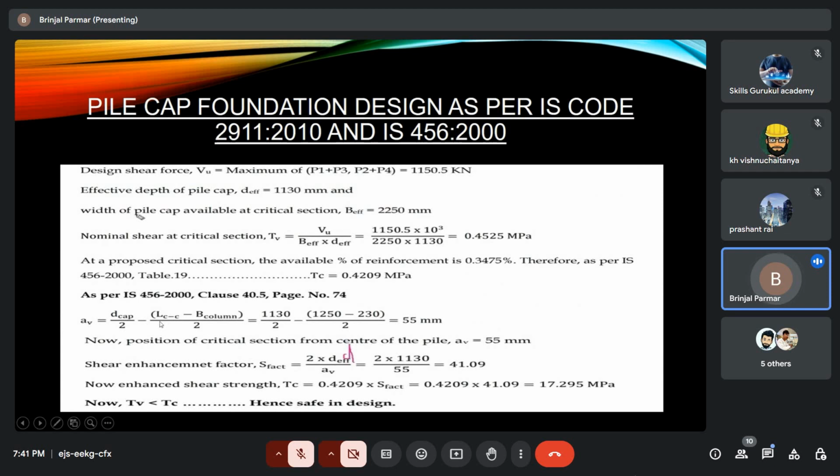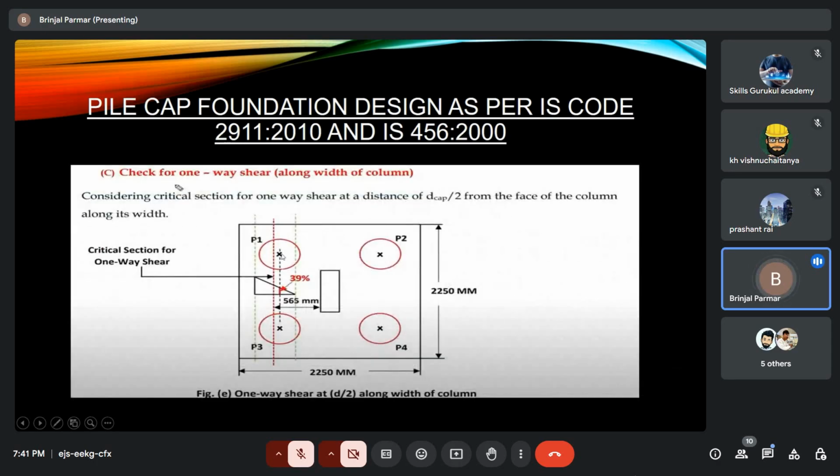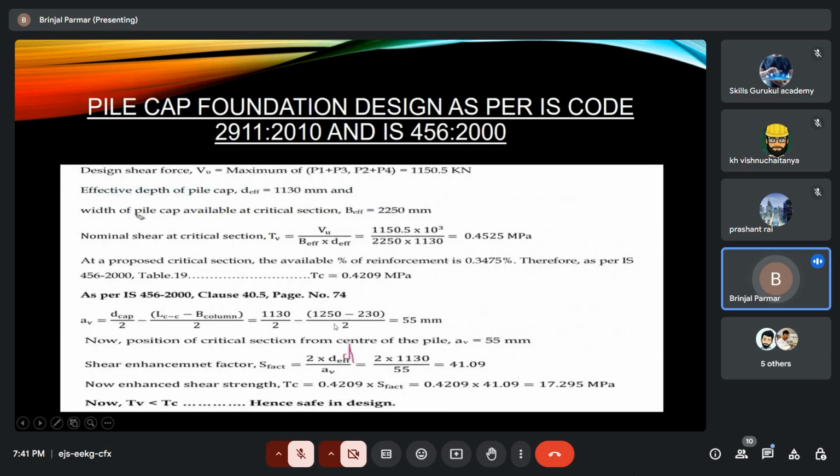So D cap divided by 2 minus LC, center to center of piles, and B column divided by 2. So D cap is 1130 divided by 2 minus LC, the center to center distance between piles, 1250 minus 230 divided by 2. We get A as 55 mm. Now the position of critical section from center of pile AV is equal to 55 mm.